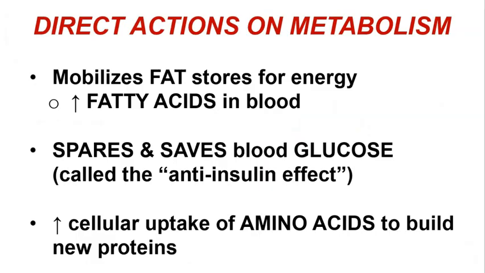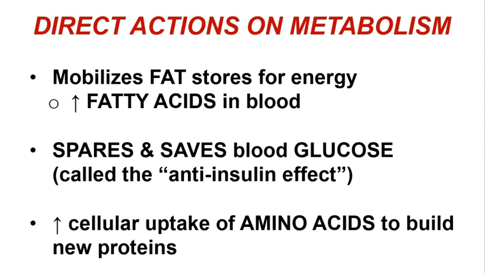So growth hormone has a few direct actions on metabolism, including the breakdown of adipose tissue to mobilize stored fat, as well as increase fatty acid concentrations in the bloodstream. What this will do is it will encourage the body to use fatty acids as fuel. It also spares and saves blood glucose, as well as promoting glycogen breakdown in the liver.